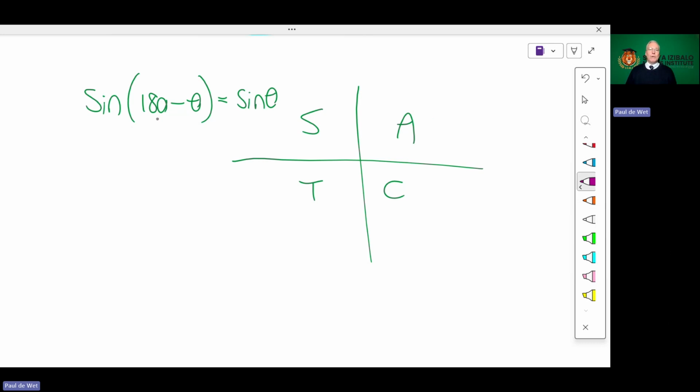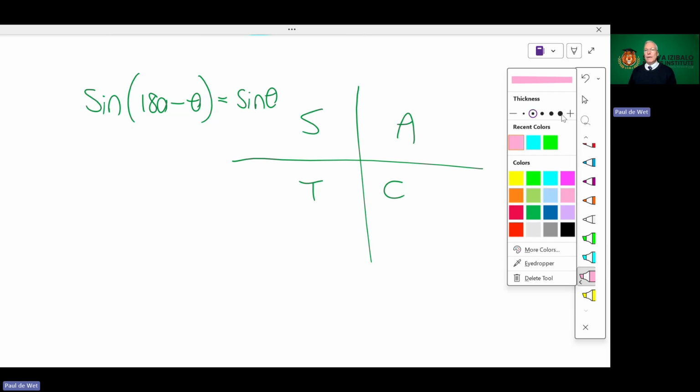I always tell you to think about theta as being positive and acute, but it doesn't matter. Theta can be 500 degrees. The sine of 180 minus 500 will be the same as the sine of 500. The answers for both might be negative because we might be in whatever quadrant. This is a golden fact. It's true for all values of theta.